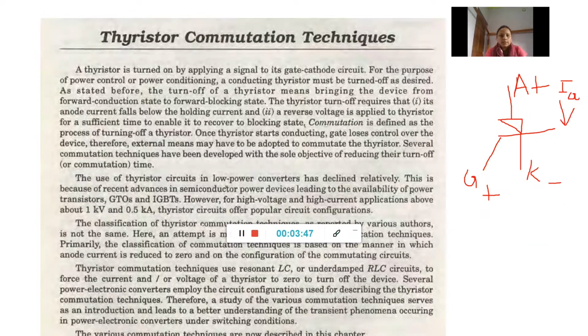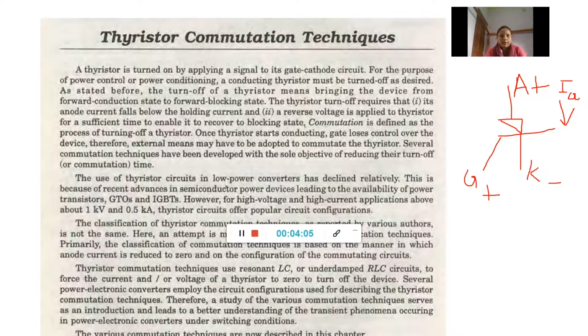So for the purpose of power control or power conditioning, a conducting thyristor must be turned off as desired. That means it is like a switch. When we want to close a path, we need to close the switch. When we want to open a circuit, then we need to open the switch.